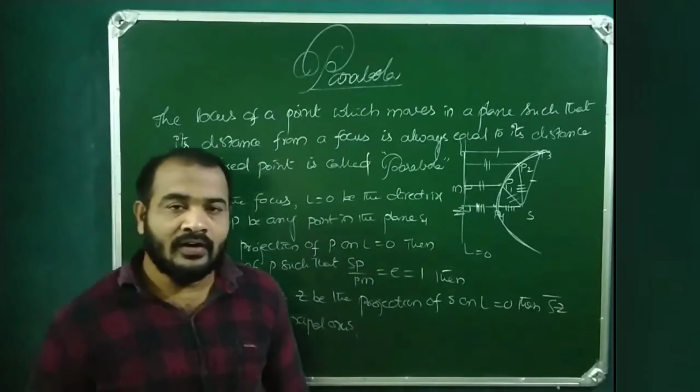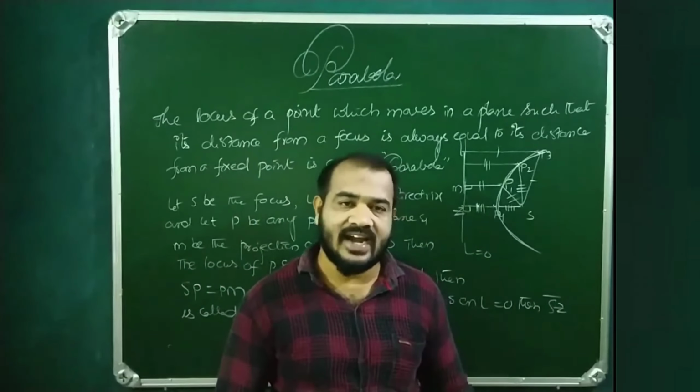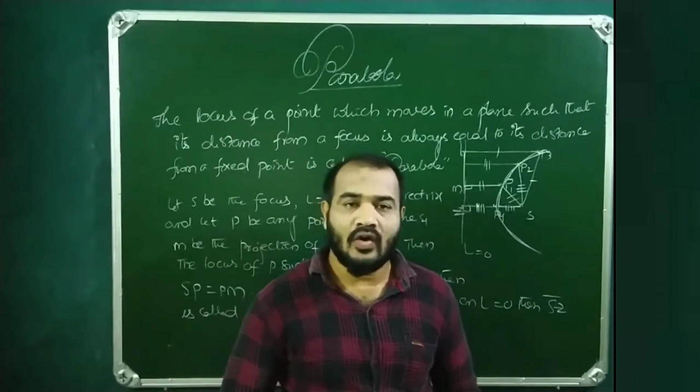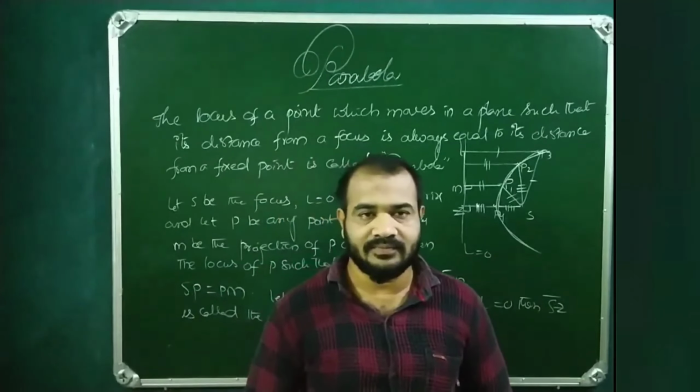So, we will now derive the equation of a parabola in its standard or simplest form. A parabola is said to be in its standard or simplest form if and only if its vertex is at the origin and it is either symmetric about the x-axis or the y-axis.